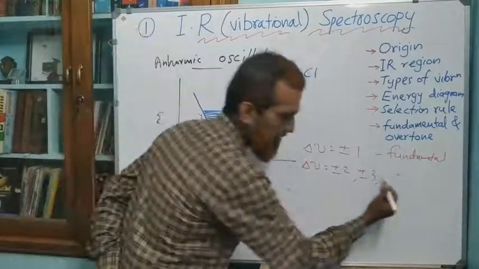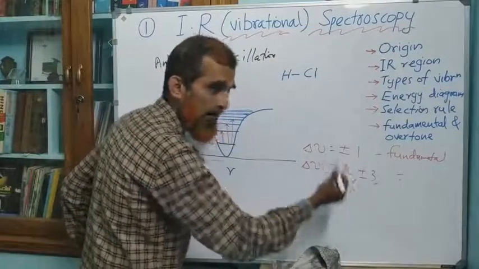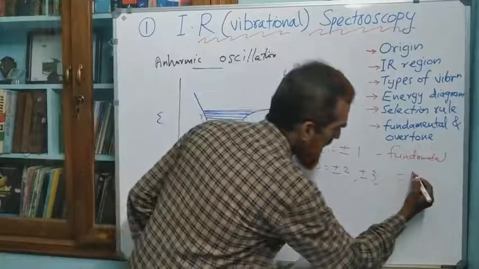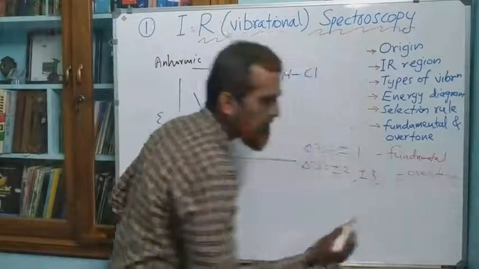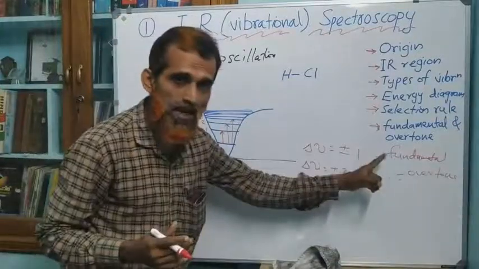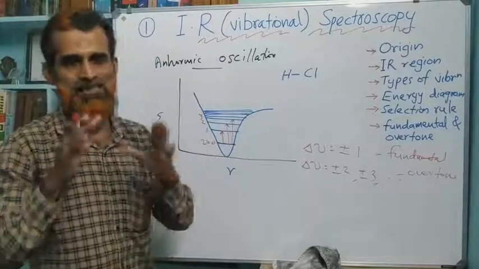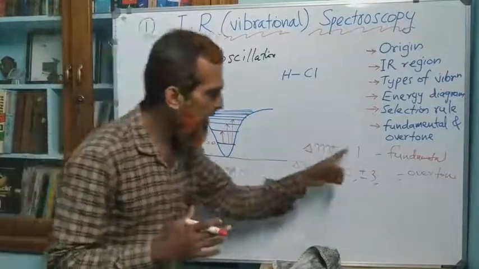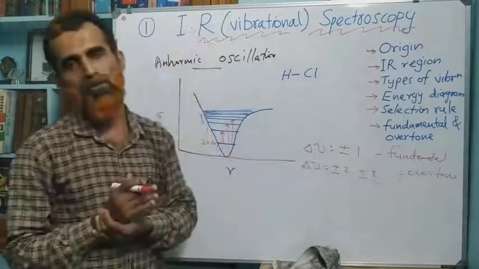These are transitions having delta nu plus or minus 2, plus or minus 3, meaning higher transitions. They are called overtone transitions. So there are two types of transitions, fundamental and overtone. The corresponding peaks obtained are called the fundamental band, or fundamental peak, and the others are called overtone peaks.